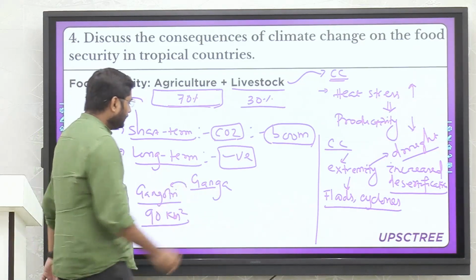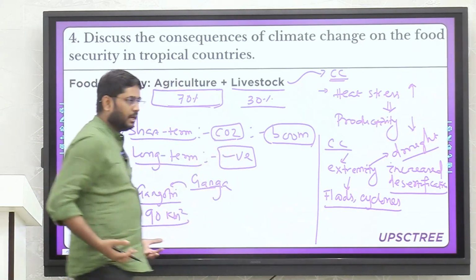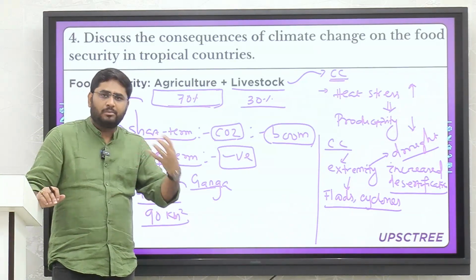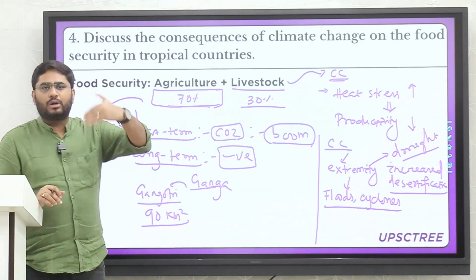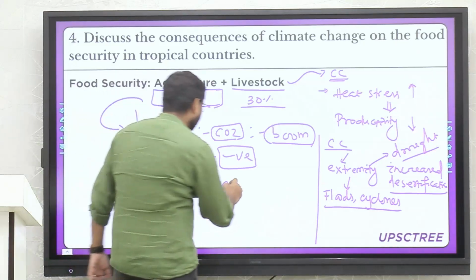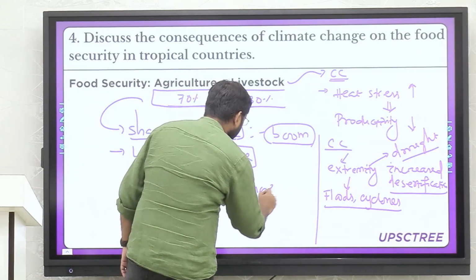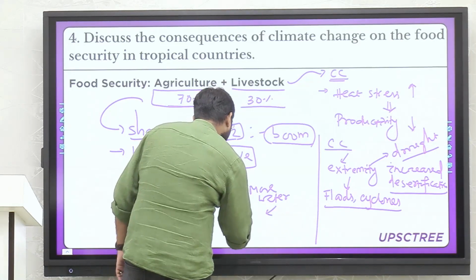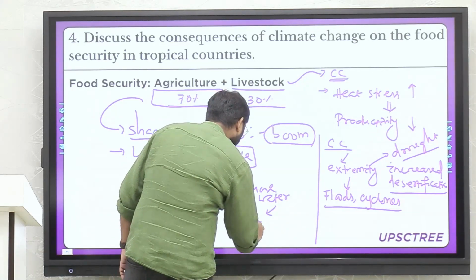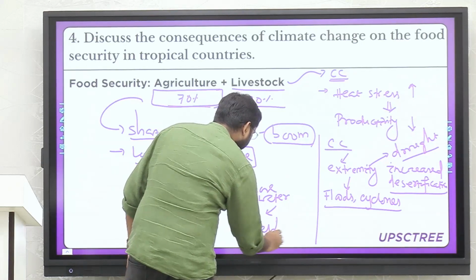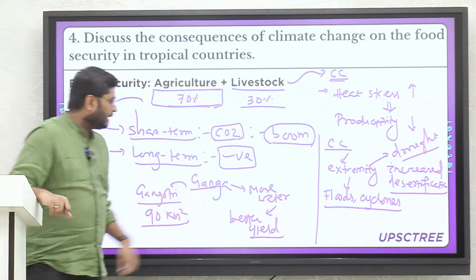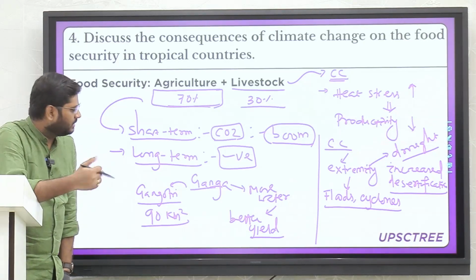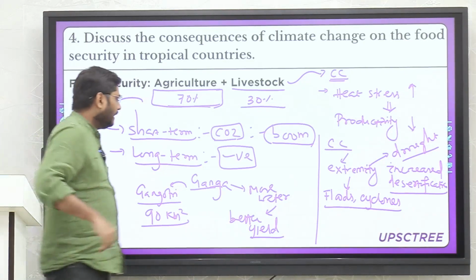Now, initially when global warming is happening, the glacier will melt more and more. That will give more and more water to Ganga. So when there is more water in Ganga, this will obviously result in better yield. People will use that water to go for better yield throughout the year, crop rotation, ये करके yield will be by and large better.